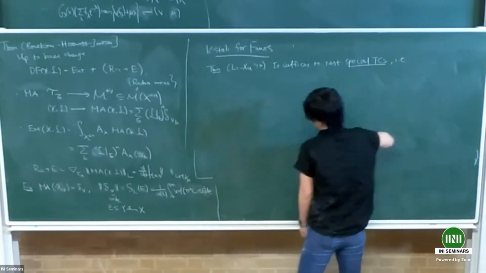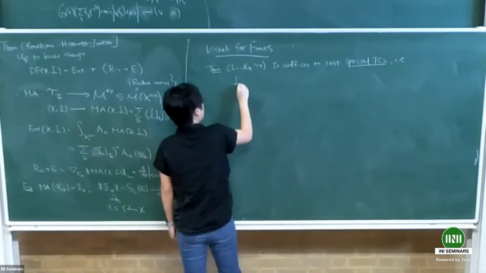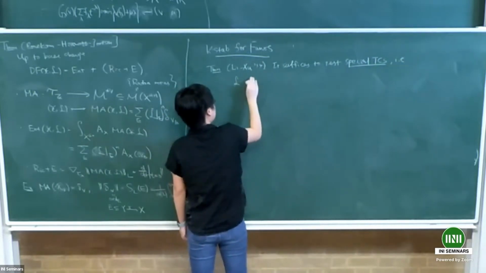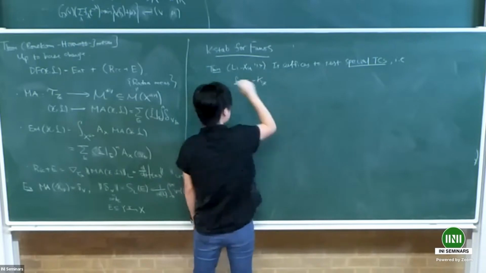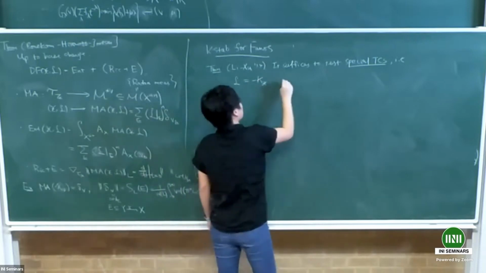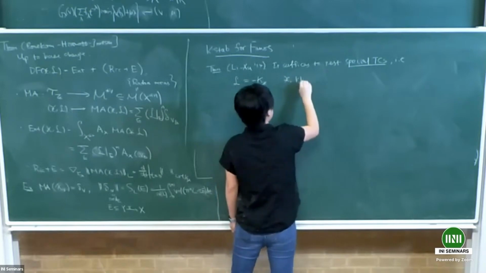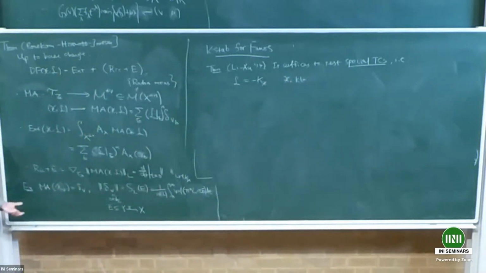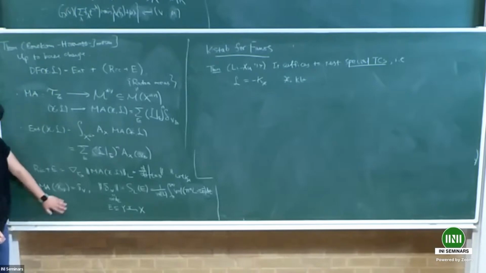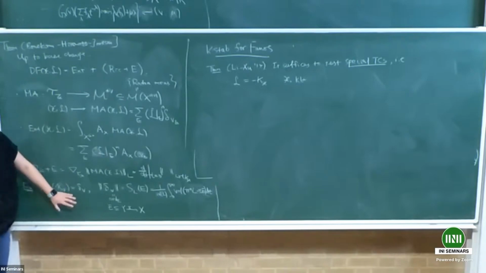This just means that the polarization of the test configuration is minus K_X, and the central fiber is a KLT variety. So in particular, it's reduced and irreducible. And so you sort of end up in this easiest situation where you only have one irreducible component on the central fiber, and everything is by just looking at valuations.